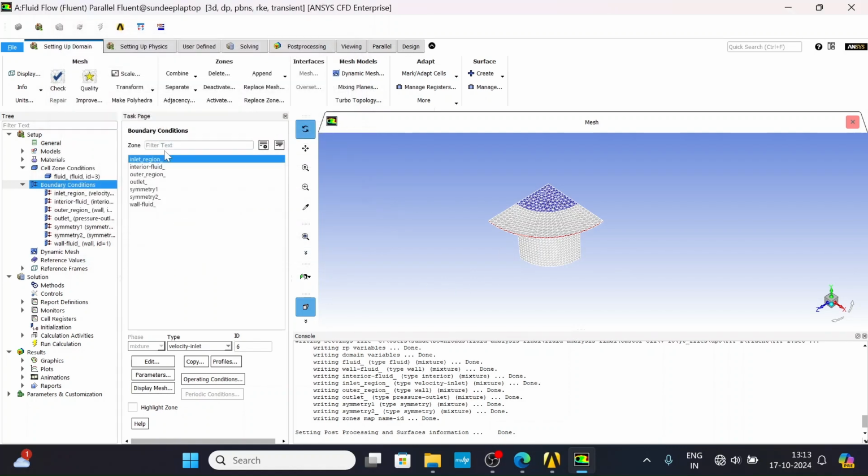So this is the inlet region, outer region no need, and the outer region is the wall, pressure outlet, symmetry, symmetry.